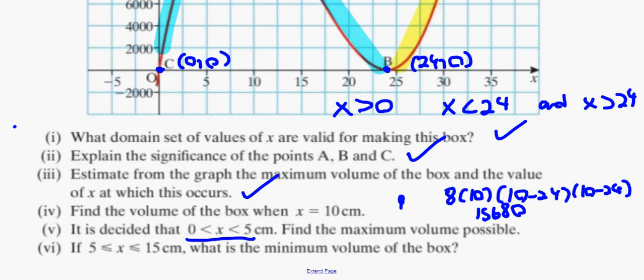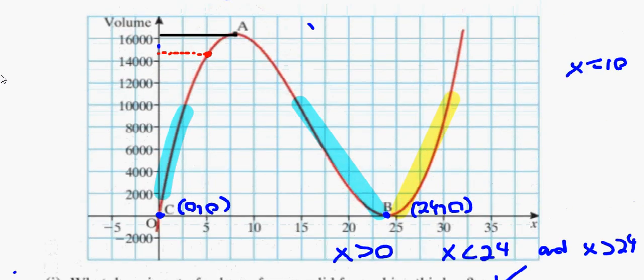You can just calculate it. If x is in between 5 and 15, what is the minimum volume? In between 5 and 15. 5 is here and 15 is here. I think 15 is going to be the minimum volume, do you? So just check up what 15 is.